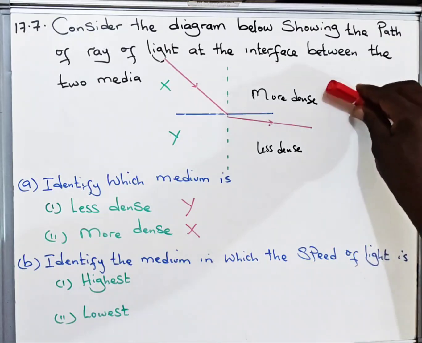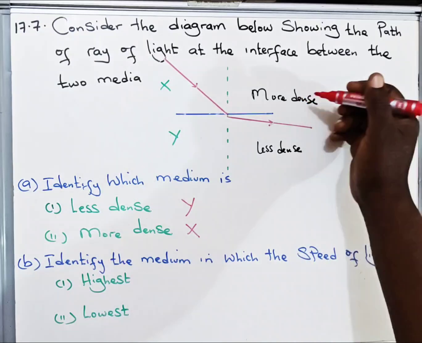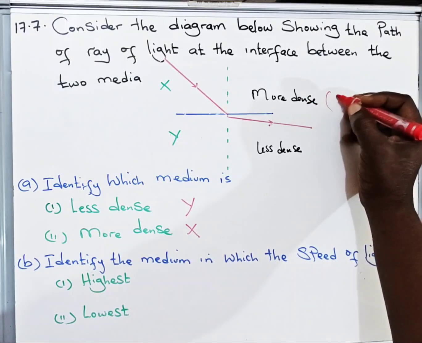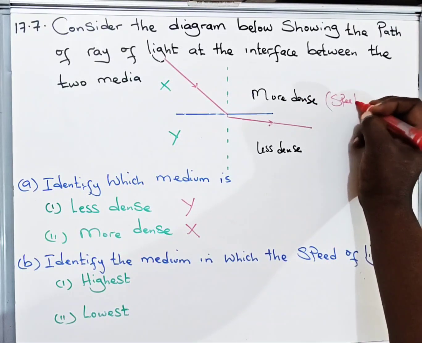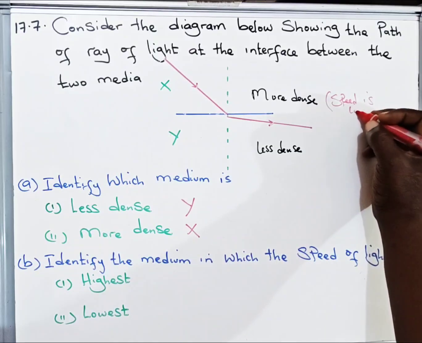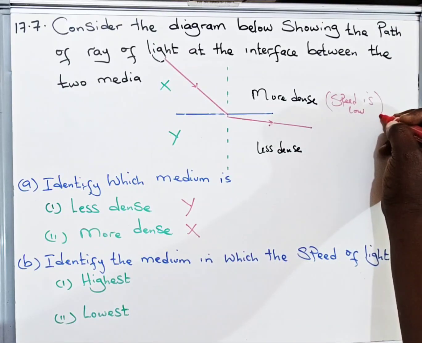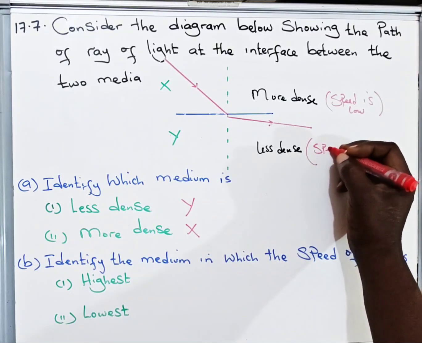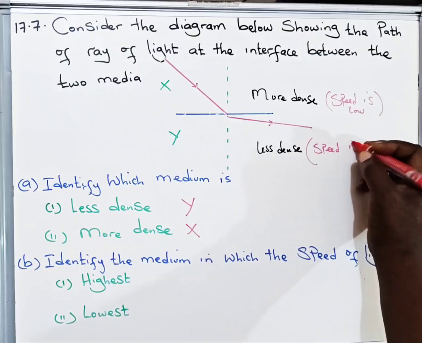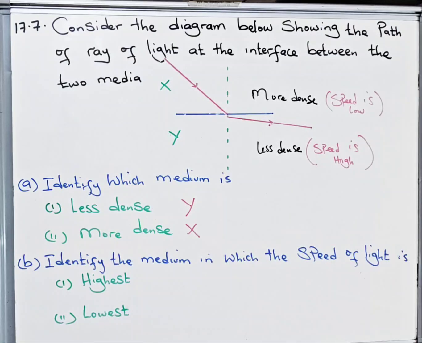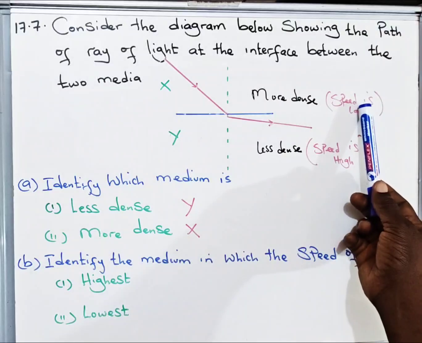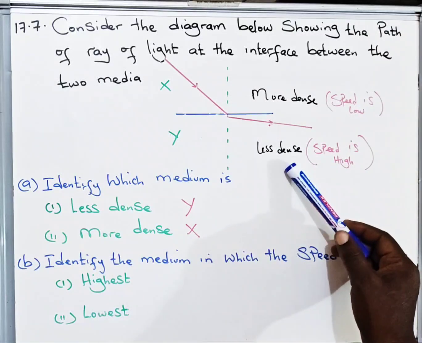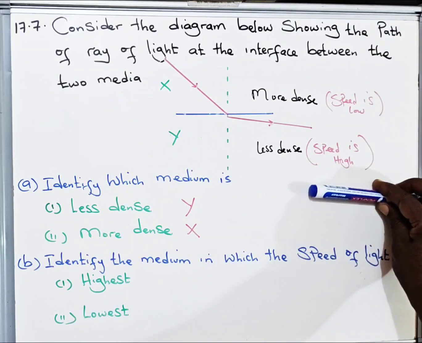So if this medium is more dense, it means that the speed is low, and if this medium is less dense, it means that the speed is high. I repeat, the denser the medium, the less speed is light, and the less dense the medium, the more speed is light.